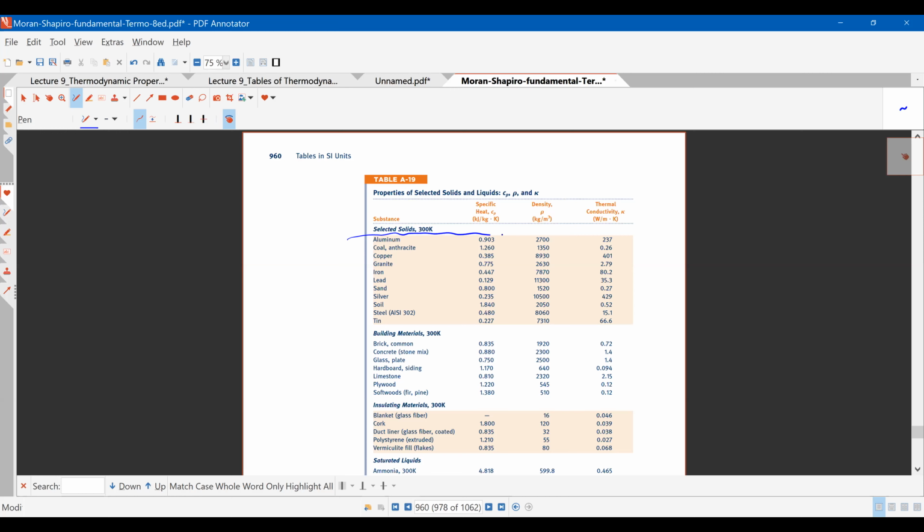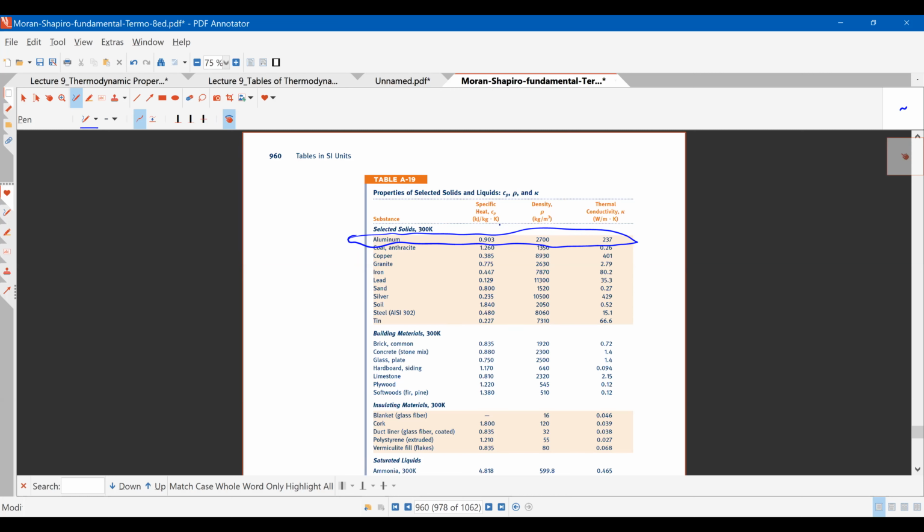I have aluminum here, and I'm going to read the properties of the aluminum. For the aluminum, two properties that are important for me are the specific heat, or CP, and its unit is kilojoules per kilogram Kelvin. I write this one: CP equals 0.903 kilojoules per kilogram Kelvin. I also need density. Rho is 2700 kilogram per cubic meter.